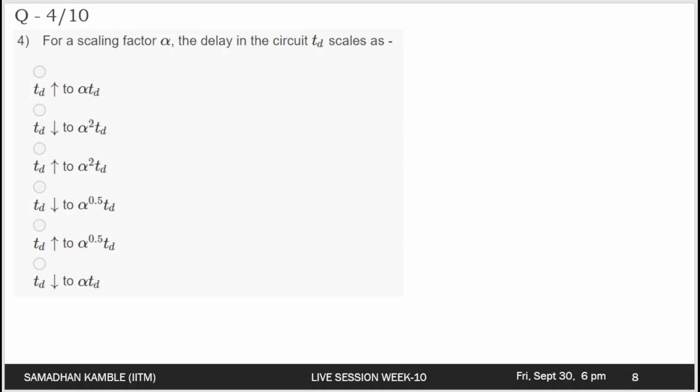So again, for the T delay, we have the expression CV over the current, and we saw that our capacitance scales by the factor alpha, also the voltage is scaled by factor alpha, and also the current is scaled by factor alpha. So alpha gets cancelled.